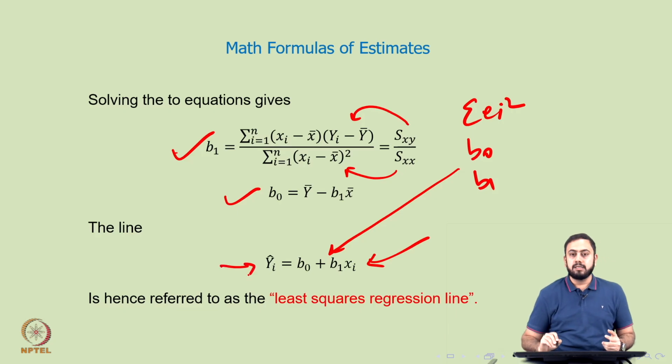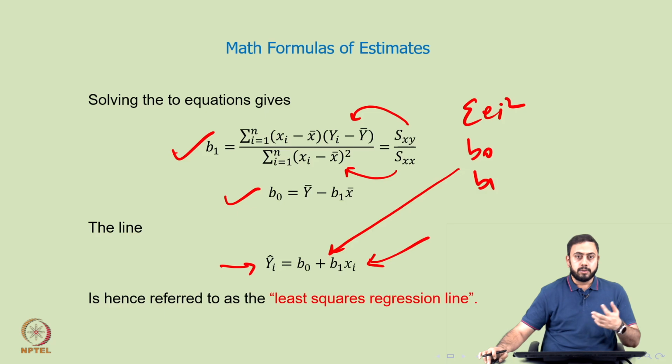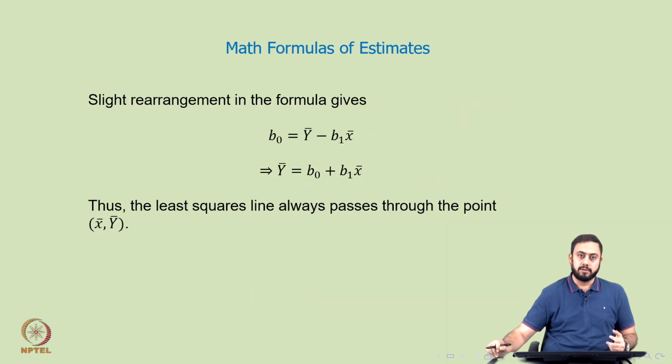Each and every entity is known, because xi is known to you and yi hat would be the points that fall on that red line, the least squares regression line. So, B0 has a formula which is y bar minus B1 x bar, and B1 has a formula which is Sxy by Sxx. A very interesting point to note here is that if you go back to the last slide, this is exactly the formula for B0, isn't it?